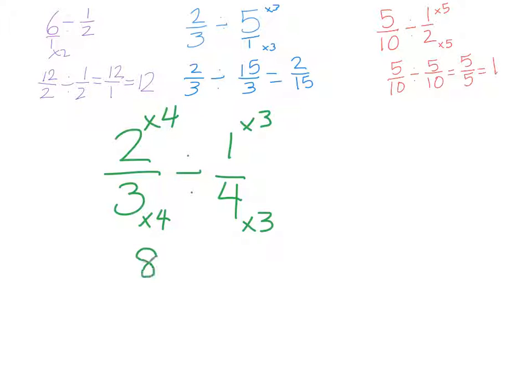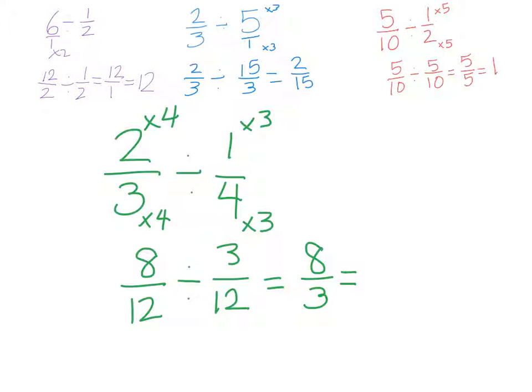So I end up with 8/12 divided by 3/12, and I have 8 of the 12th size pieces, and I'm dividing them into groups of 3 12th size pieces. I have 8 divided by 3, and 3 goes into 8 2 times. 2 3s make 6, plus 2 more leftovers, 2 2/3. So there are 2 2/3 1/4s in 2/3.